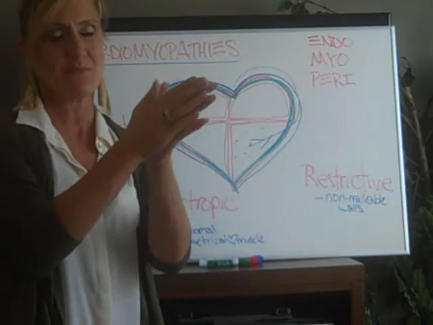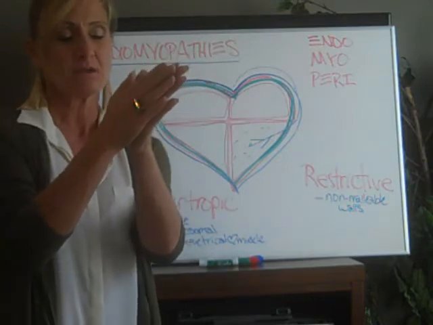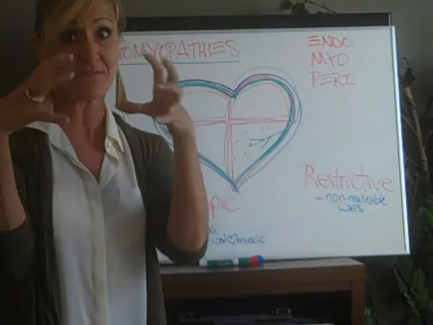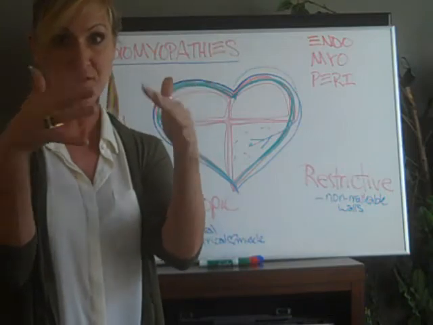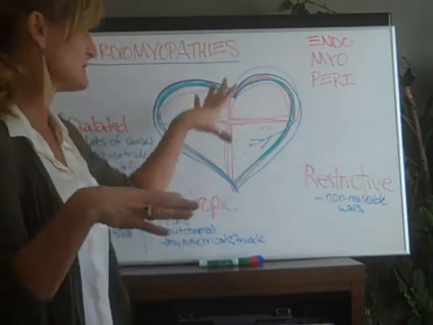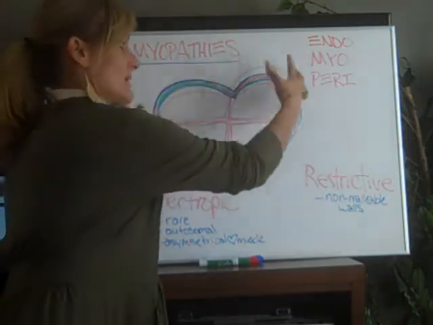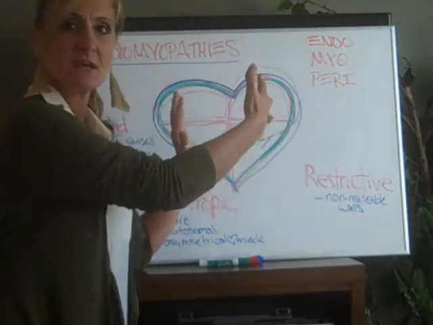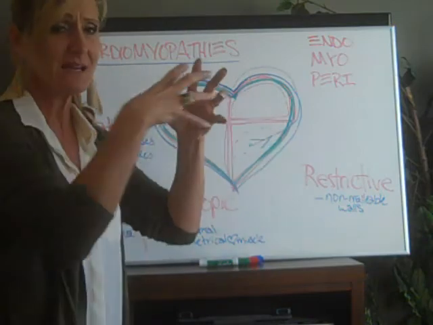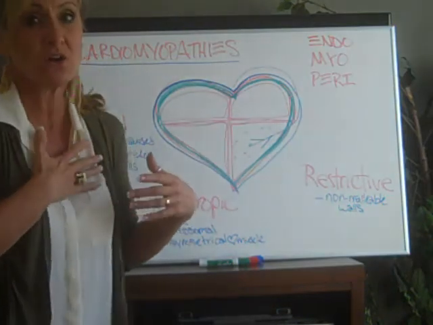What's happening is every time that heart is beating, it's inflamed because it has an infection in it, and it's rubbing up against the pericardium, the pericardial sac that encompasses the heart, and it's just getting too enlarged and it hurts.